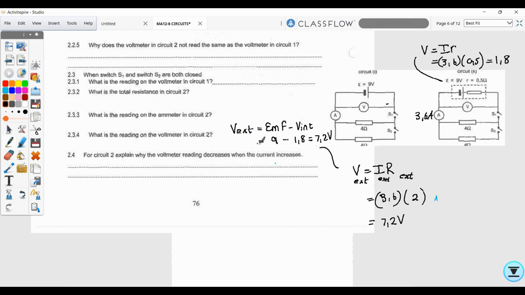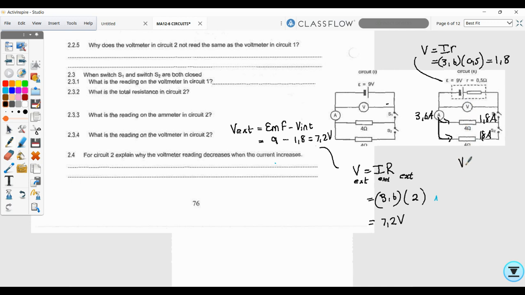There's even another way. You could have said this 3.6 splits up here and here. Because they are equal, what is each of them going to get? Half of 3,6, which is 1,8 ampere. Then you can say this Vx is connected over each of these things.